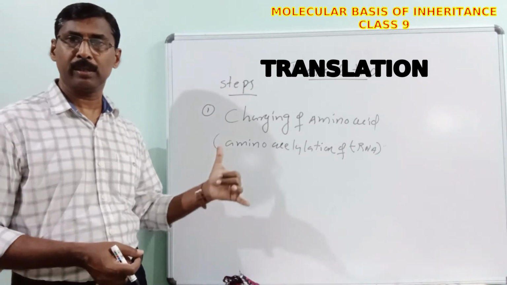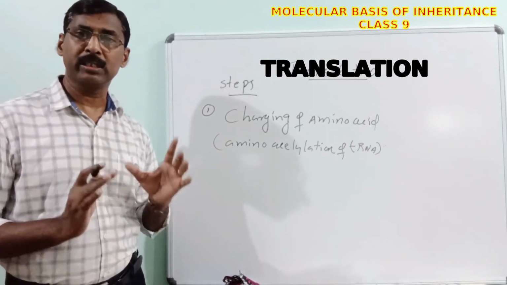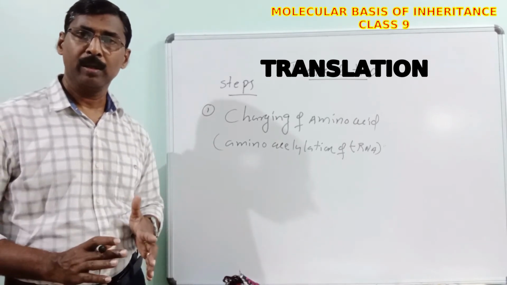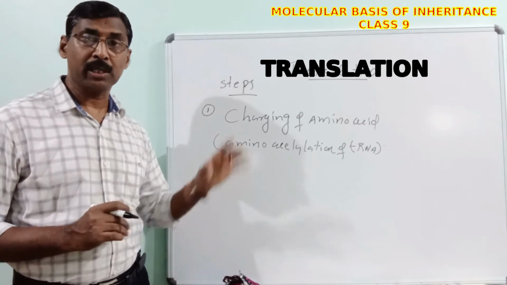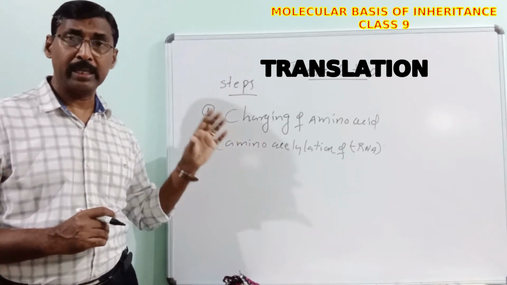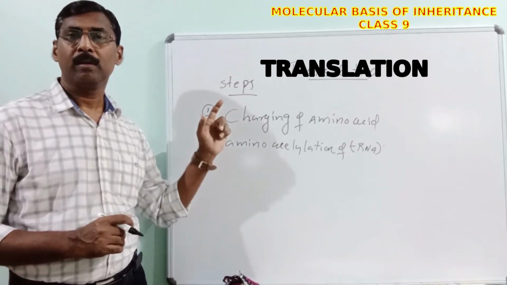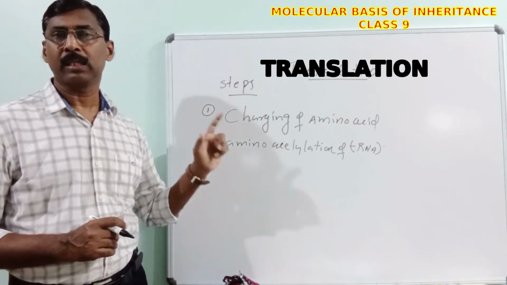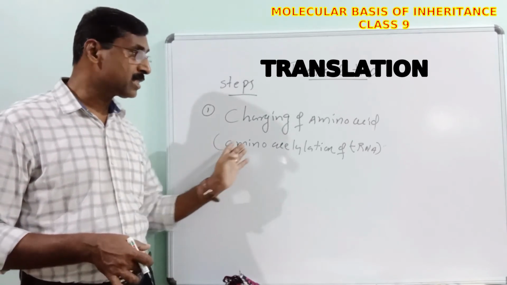That is the enzyme that we have just now seen. So amino acyl transfer RNA synthetase is the enzyme which helps to combine an energetically charged amino acid with the transfer RNA.